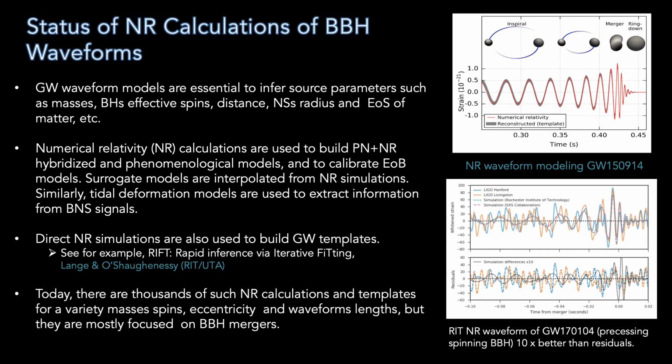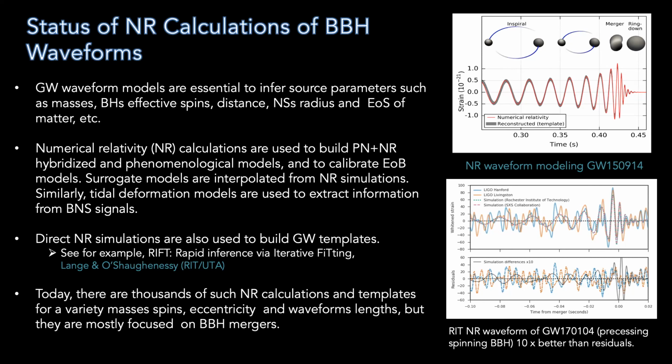Numerical relativity has been used quite a bit in the gravitational wave community to build hybridized phenomenological models and to calibrate effective one-body models, for example. It's also used to build surrogate models, which are interpolated actually from numerical relativity simulations. So we have a number of these waveforms constructed through these methods today.